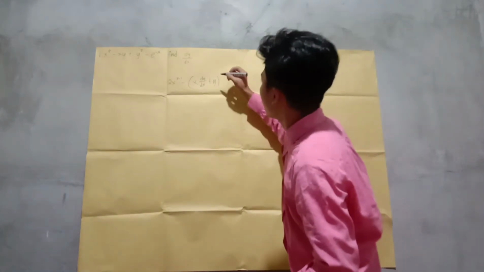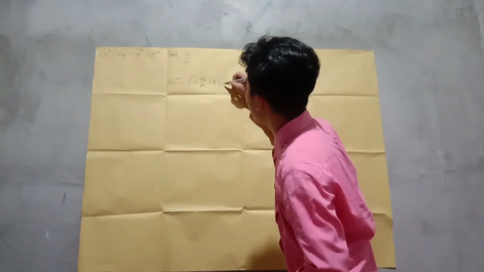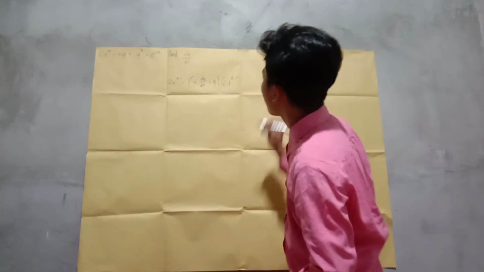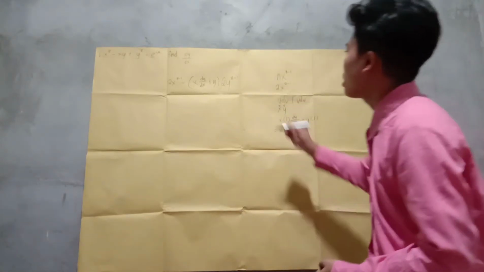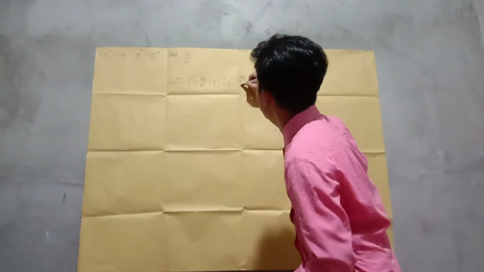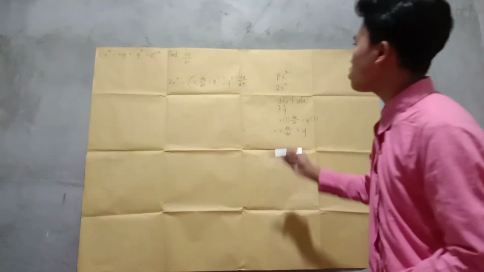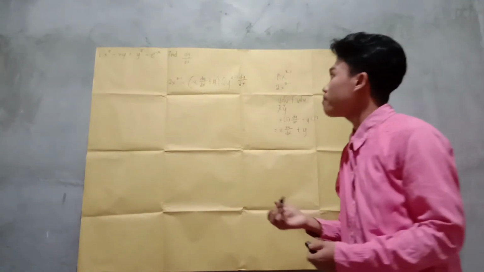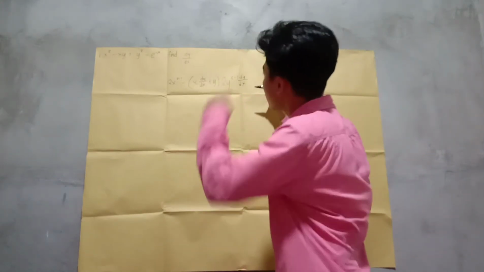So it will become 2y raised to 2 minus 1 and dy over dx. I put dy over dx because we derive y.